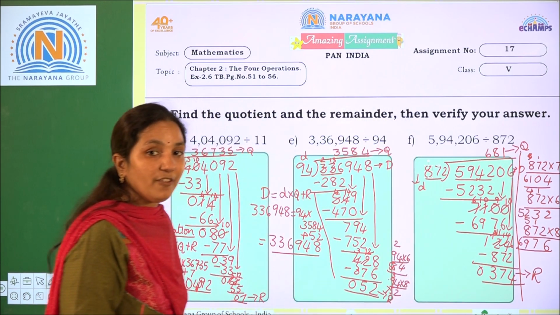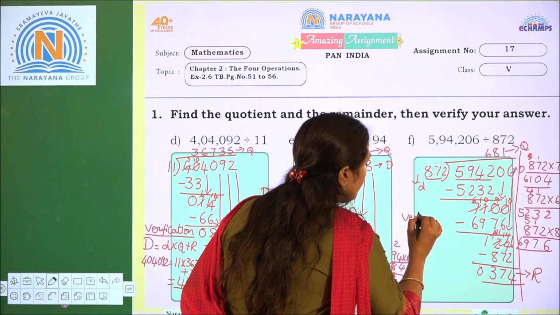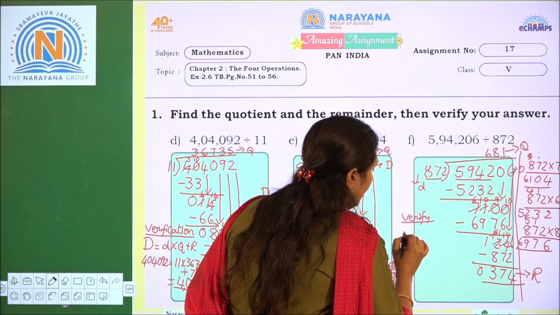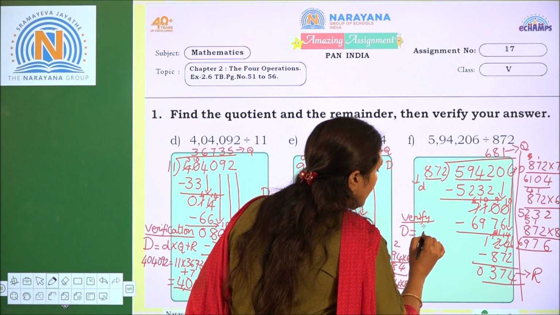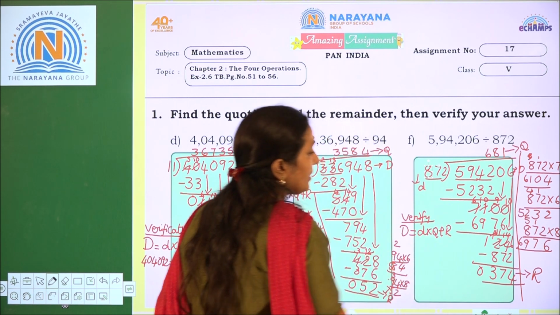So again we have to verify the answer. How to verify? Verification: dividend equals divisor into quotient plus remainder. Okay, children.